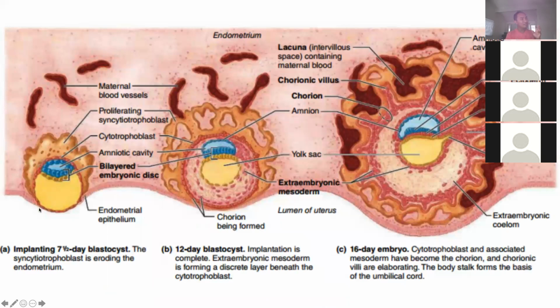So the little blastocyst is gradually going into the endometrium already.